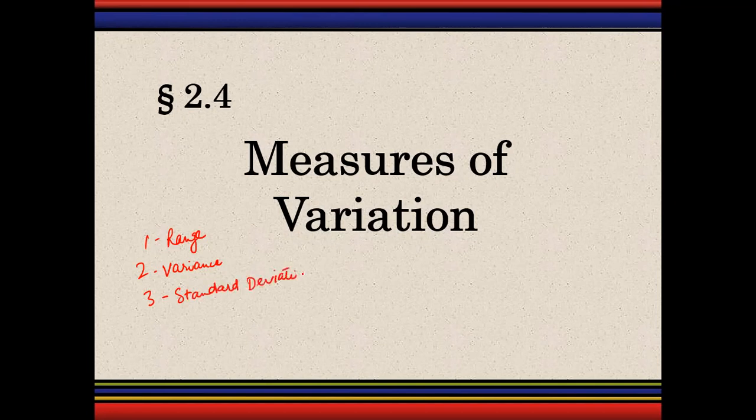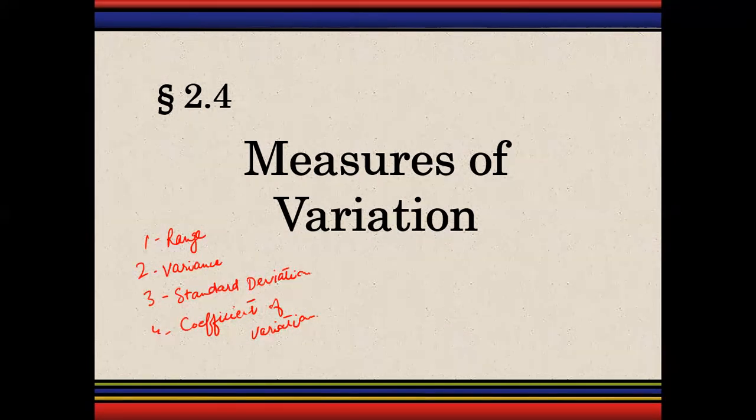And then we have the coefficient of variation. So these are different types of variation that we can measure. There are other forms of variation. For example, you can also calculate the covariance or the correlation of the data points, but that is included in further topics.